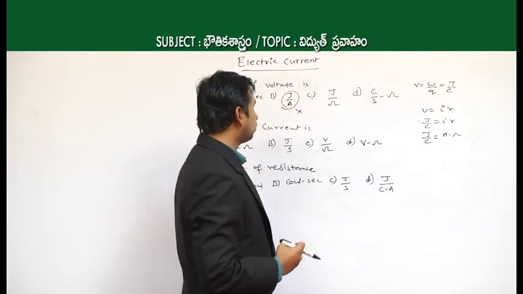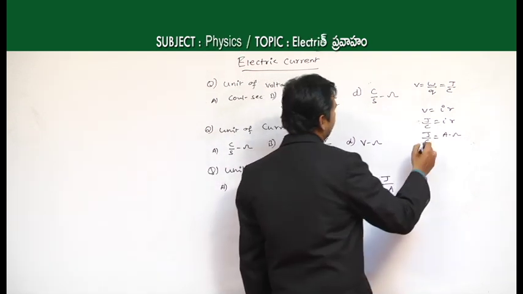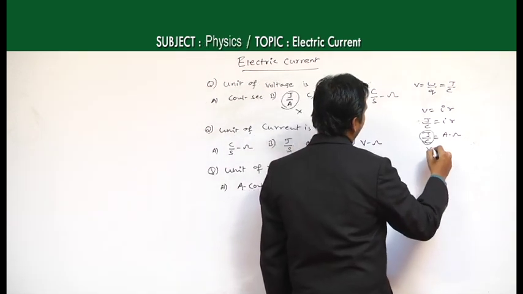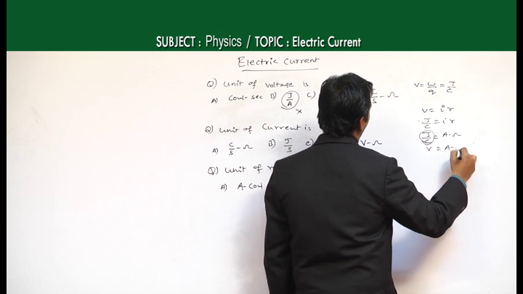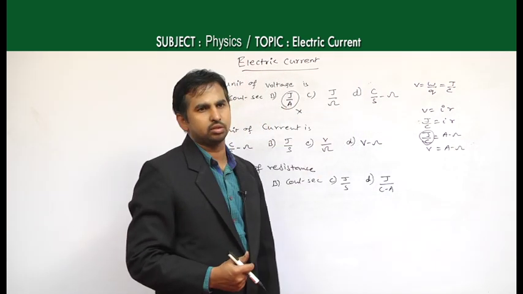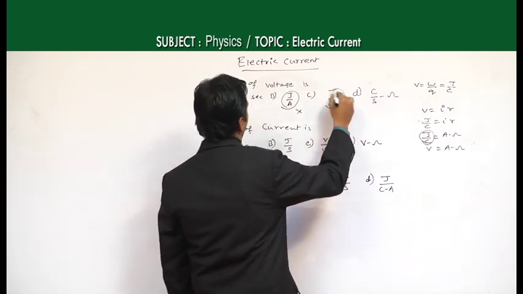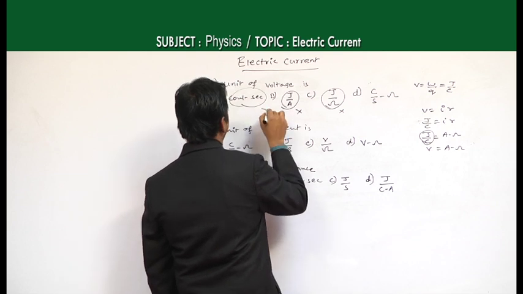If you want to write voltage in terms of joules and ohms, then in place of J by C, which is volt, it becomes ampere ohm. But here it is given joule per ohm, which is also wrong. So you cannot take this one, and coulomb second is already wrong.